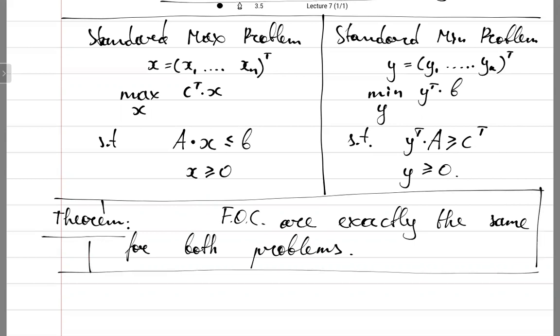And that allows us to go from a standard minimization problem to a standard maximization problem, and from standard maximization to standard minimization. And let's try to do so in an example.